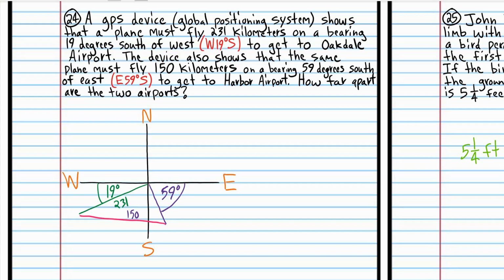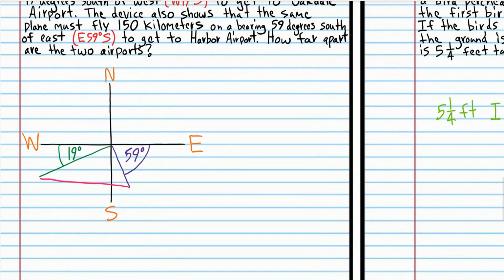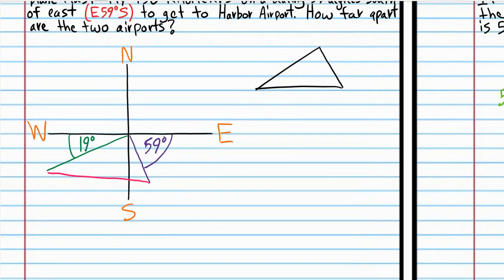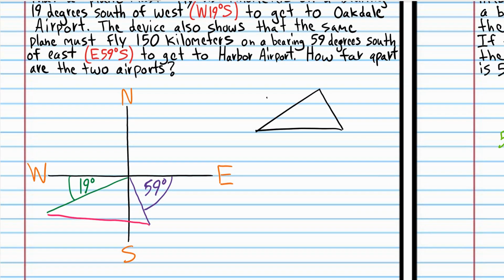So maybe we can just hold off on the lengths until we pull the triangle out. So let's pull the triangle out just so we can get a feel for what we're dealing with here. The triangle doesn't have to be exact. That's not really the point. But this length is 231, and this length over here is 150.